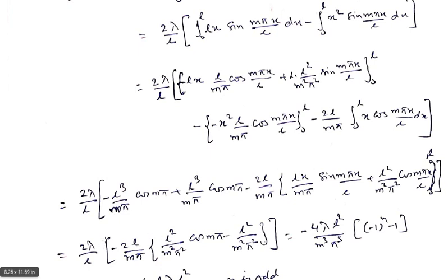From here we take L outside, this L cancels out, and from these we take L square outside, so in the numerator we have L square. So it becomes minus 4 lambda L square, and in the denominator we have m cube pi cube, and inside the parenthesis we have cos(m pi) minus 1. As we know, cos(m pi) is what? Minus 1 raised to power m.